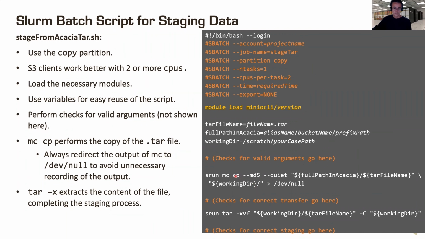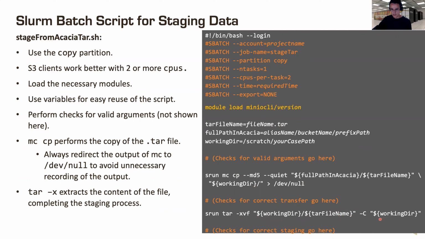And after copying the tar file that we intend to use, then you need to untar it. So basically tar extract, and this is where the new tar file exists.